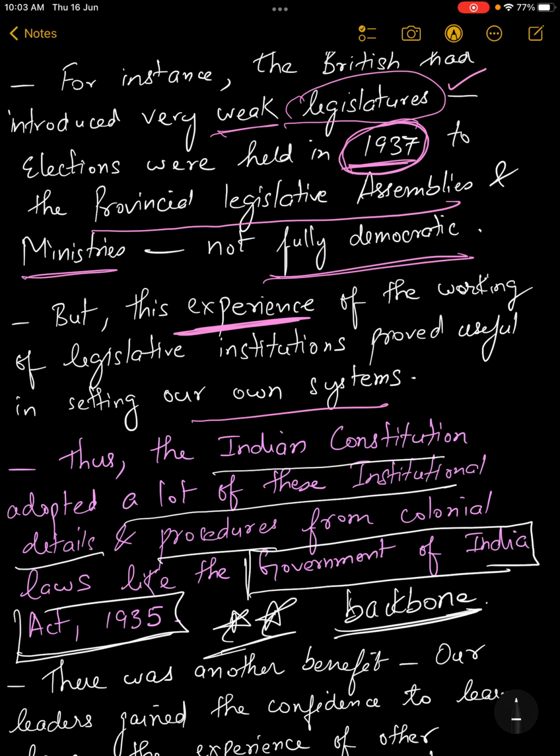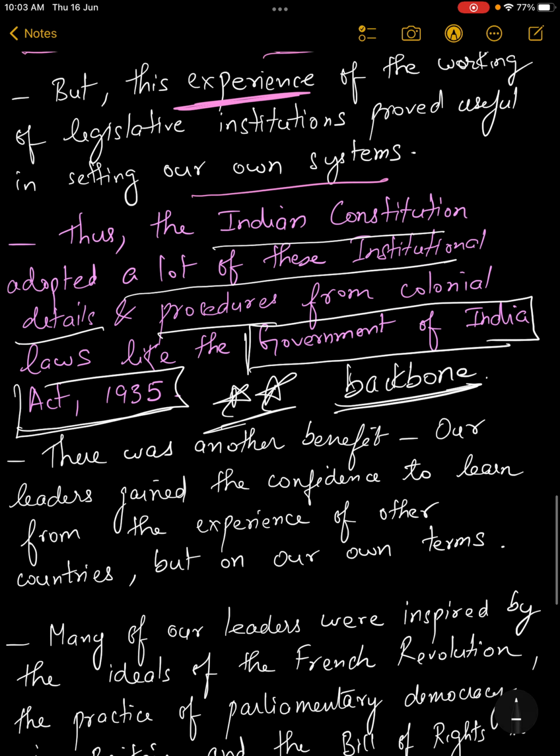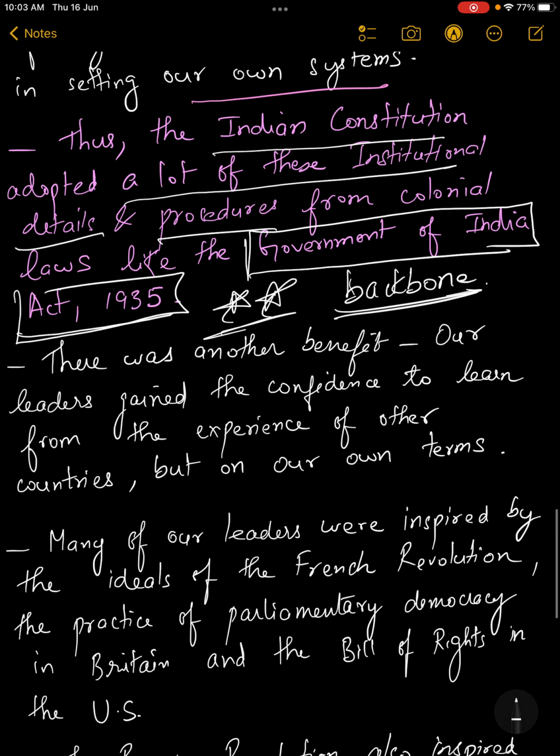Am I being clear? ठीक है. The Government of India Act 1935 was a colonial law. It happened before independence in 1935. But a lot of the institutional details and procedures were adopted from the Government of India Act 1935.